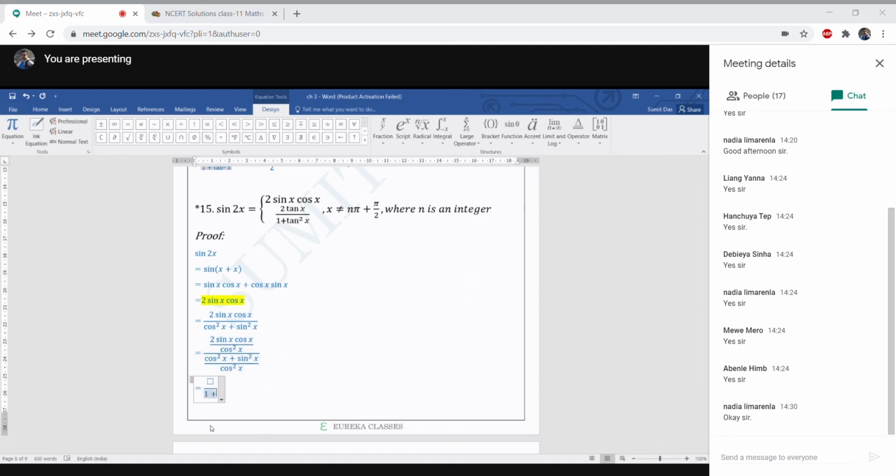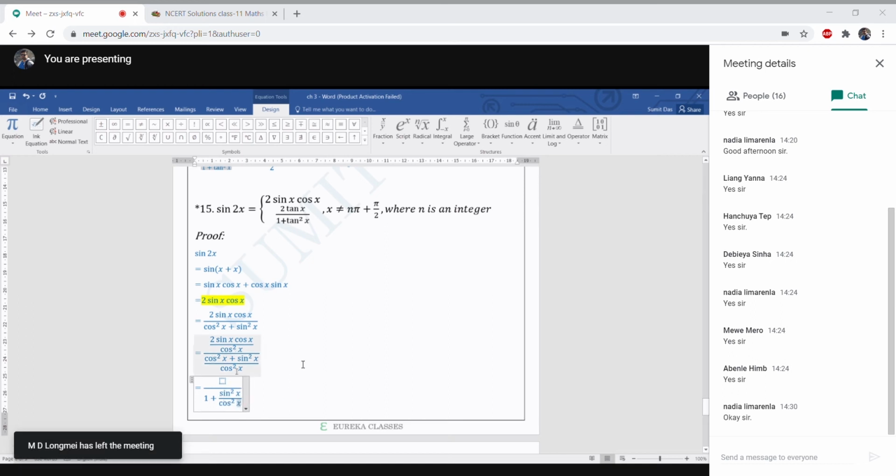Denominator will be 1 plus sin square x divided by cos square x, right?